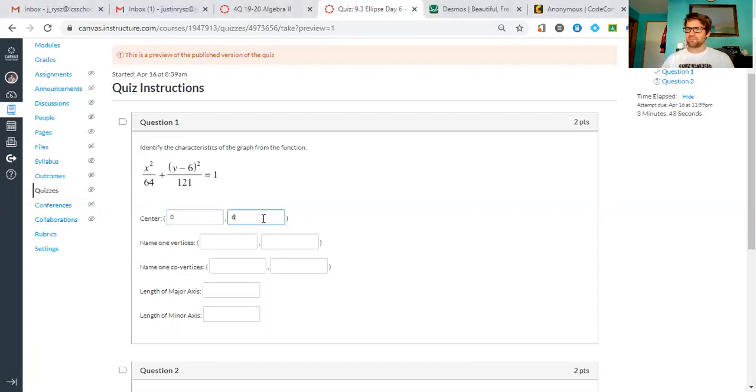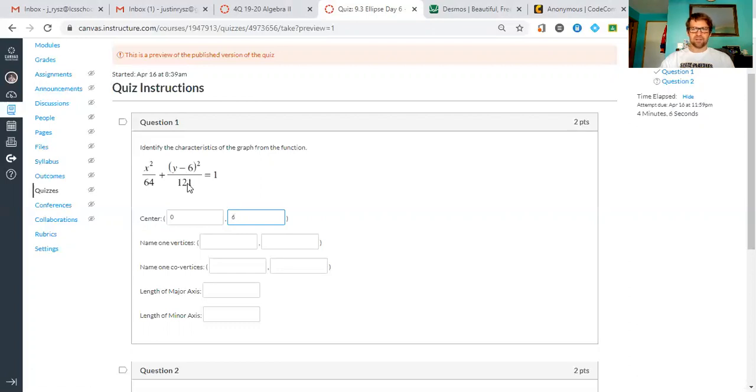Now here's where it becomes a little bit difficult if we were trying to do this just by hand without graphing this. If I wanted to name one of the vertices, I would have to know which one's the major vertex, which in this case would be the y, because that's the larger number.